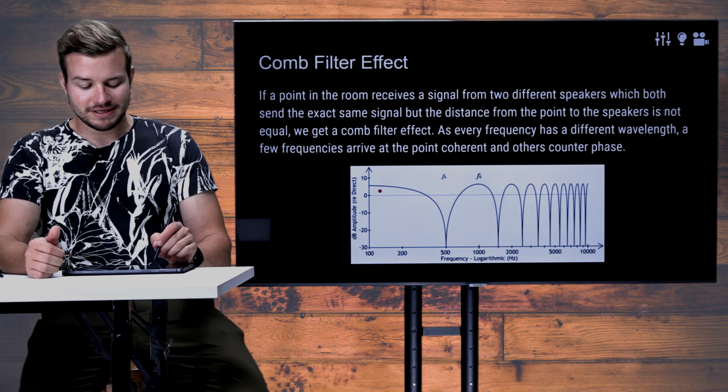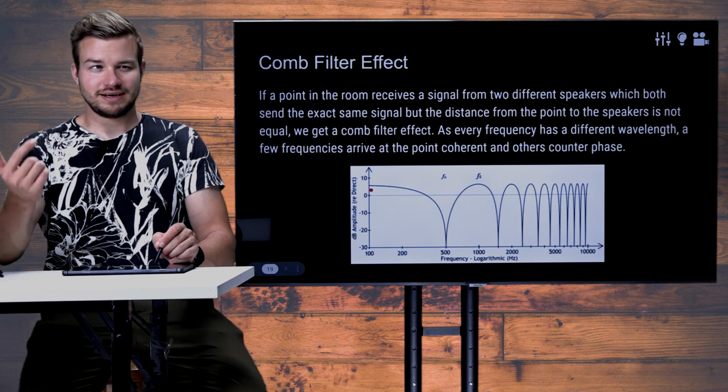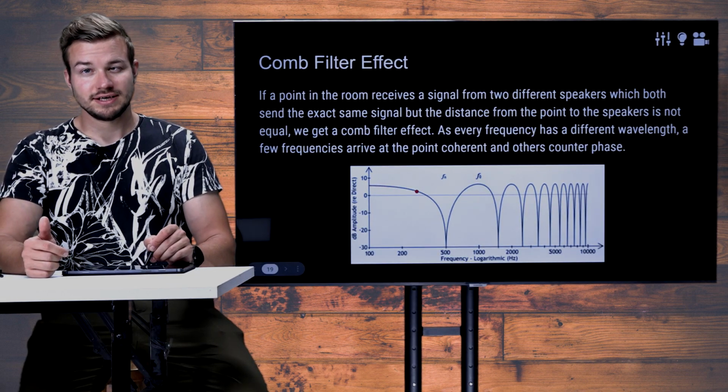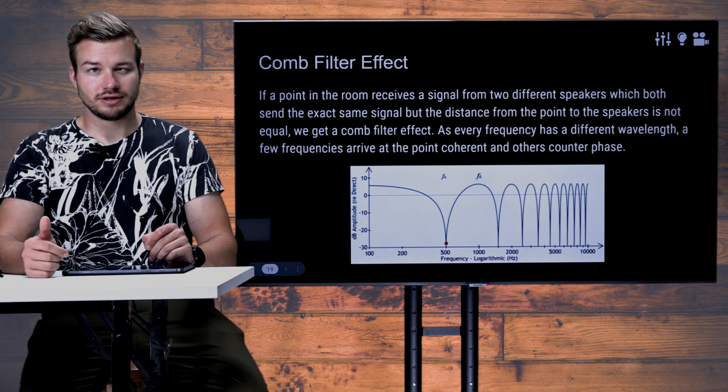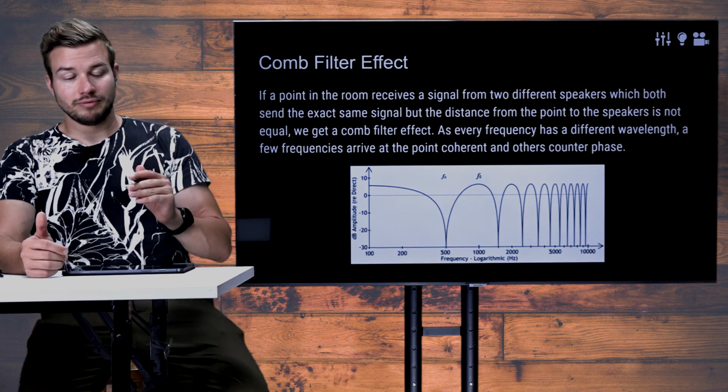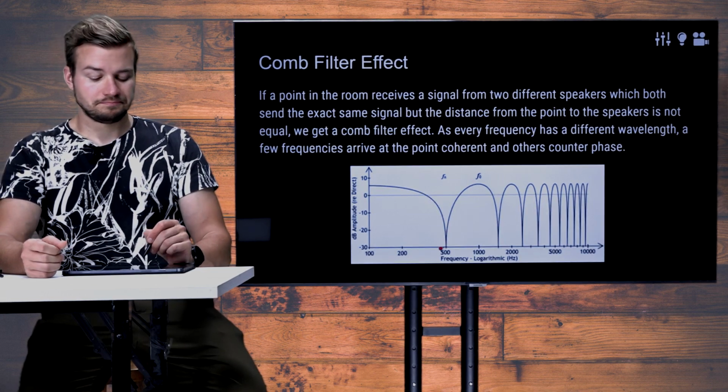What it shows is that when the sound waves arrive at your ear, they might be good for certain frequencies, but at some frequencies they will start cancelling each other out, and the volume at that frequency will go down to zero.